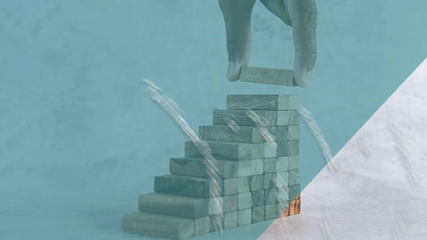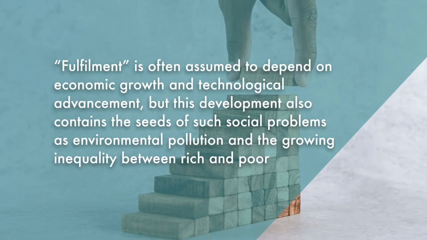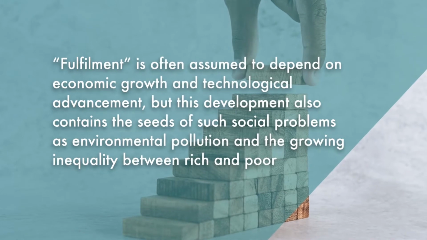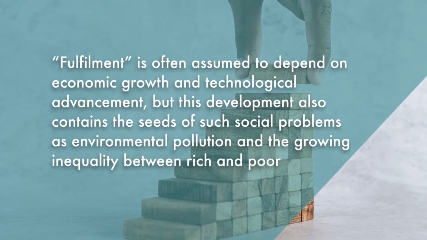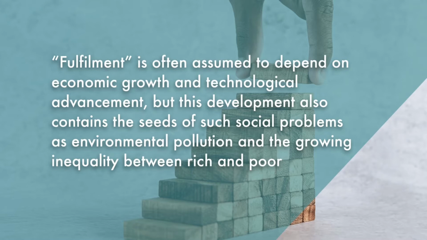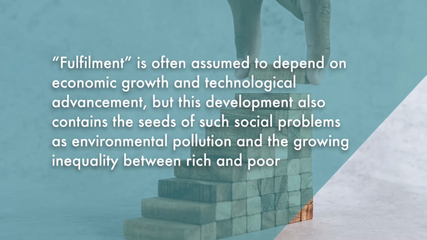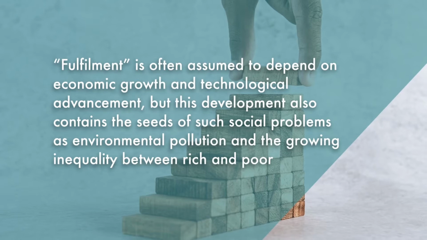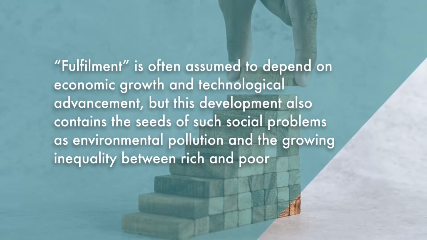Fulfillment is often assumed to depend on economic growth and technological advancement, but this way of development also contains the seeds of a number of social problems. There is environmental pollution and growing inequality between rich and poor, and you will find the classification of developed and developing world and so on.